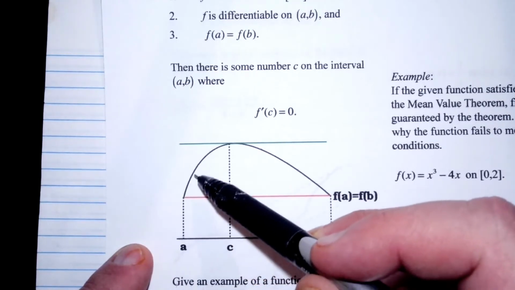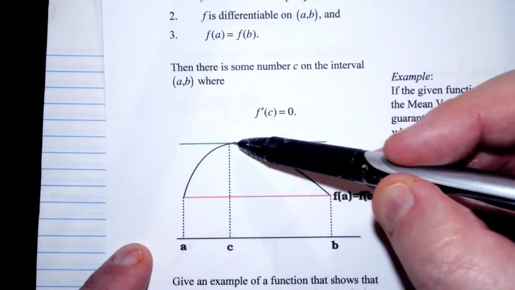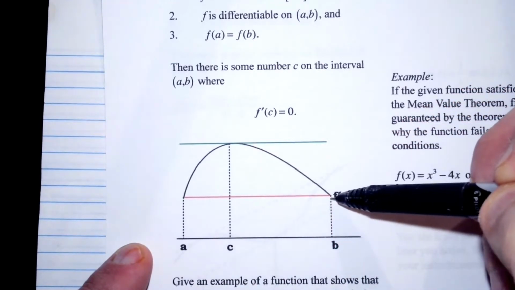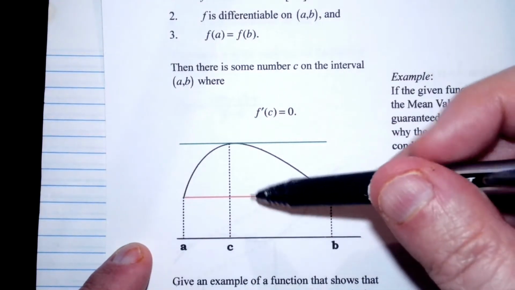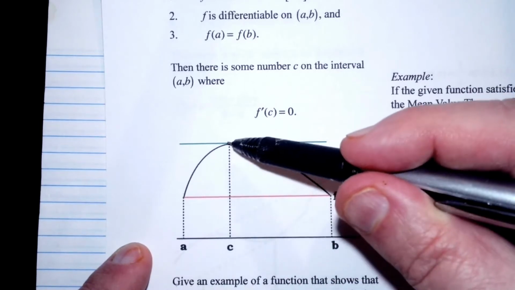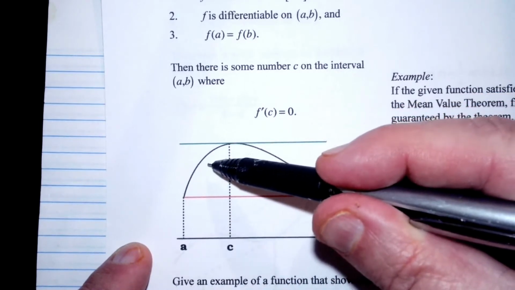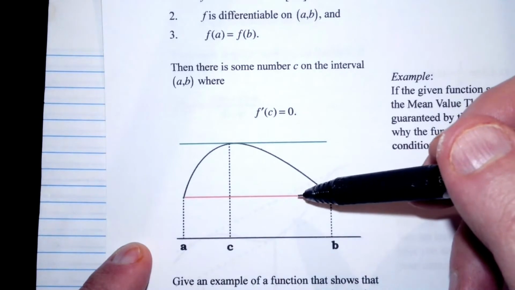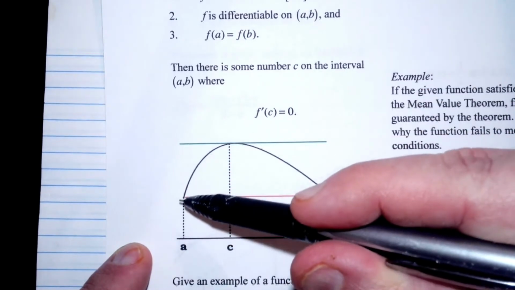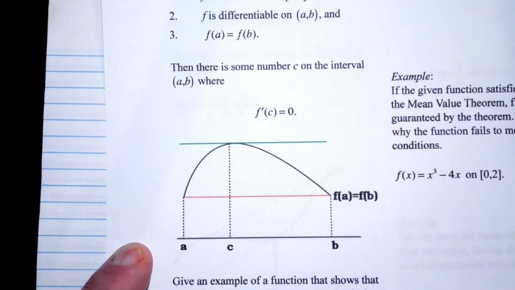Suppose it goes up. If it goes up, it's going to have to come back down to make the y-coordinate at this end the same as the y-coordinate at that end. And the turning point is not allowed to be a cusp. It has to be a smooth transition from going up to coming down. And so where the transition occurs, the derivative is going to be 0.